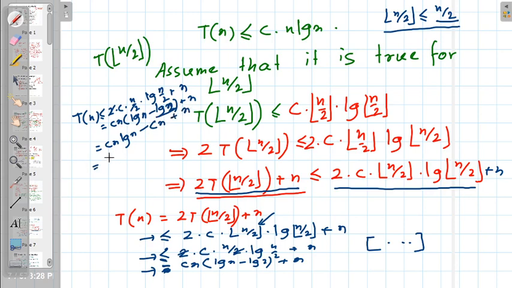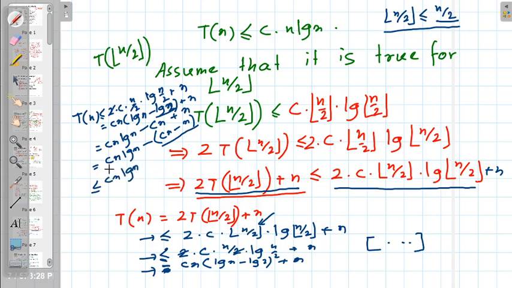So now we are having Cn log n minus, I have taken minus common, and then this is Cn minus n. So now can I say that this is less equal to Cn log n?